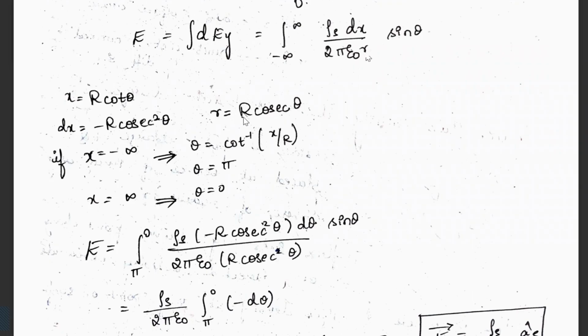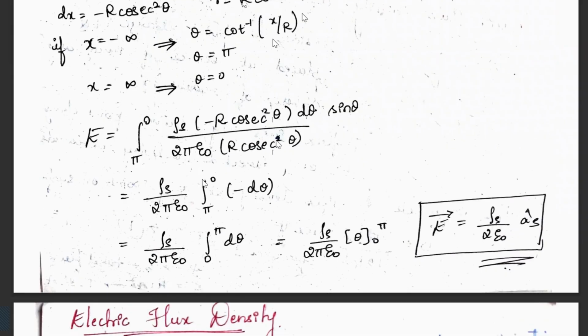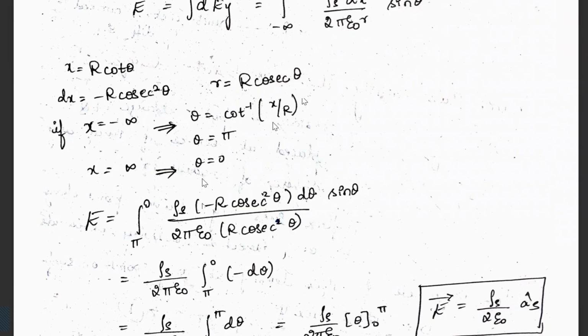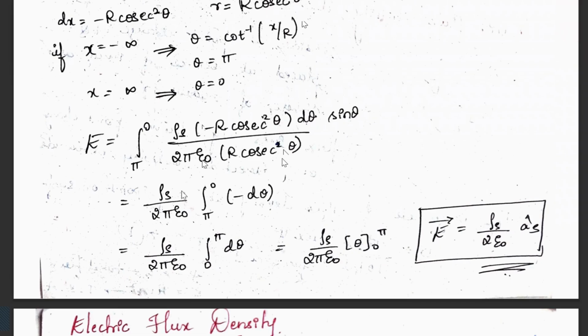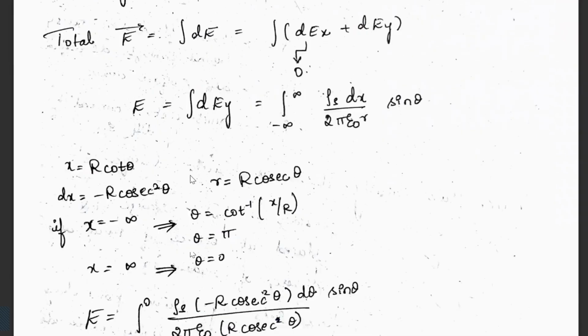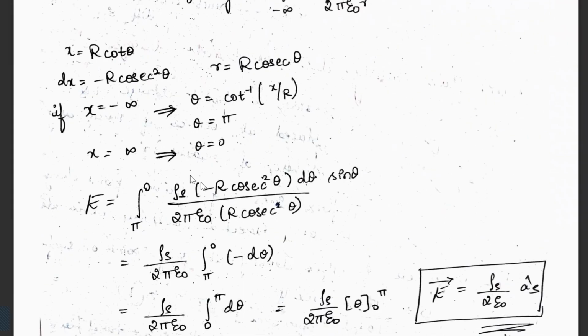Again r is changed with the capital R cosec theta square. Next we'll move, that is rho s divided by 2 pi epsilon naught of r cosecant theta. Apply the limit pi to 0.